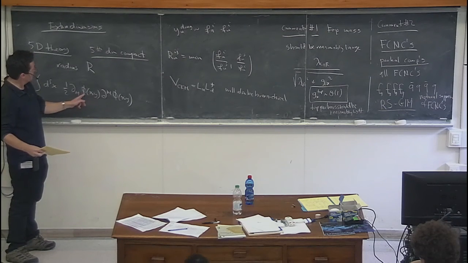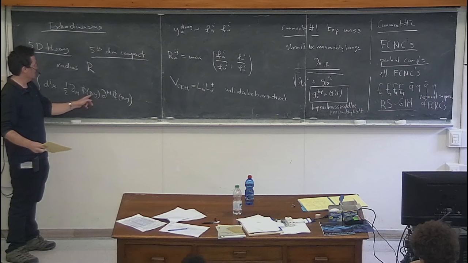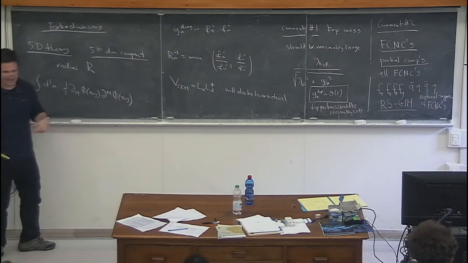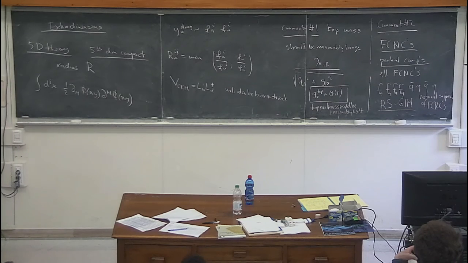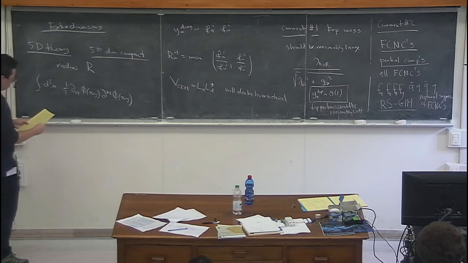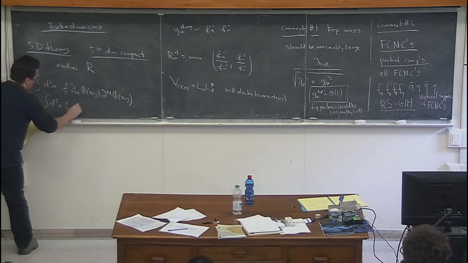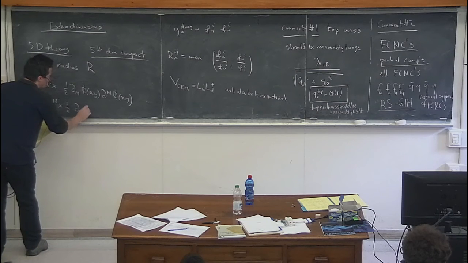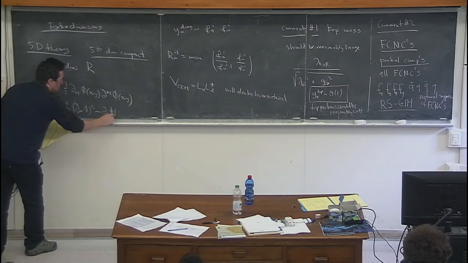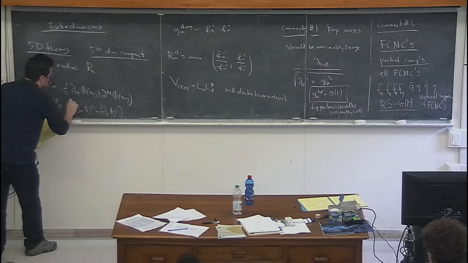And also the φ can depend on both the ordinary 4 dimensions plus y, the coordinate along the extra dimension. So another way to say it is the integral d^5x 1/2 of your usual (∂_μ φ)² minus (∂_y φ)².